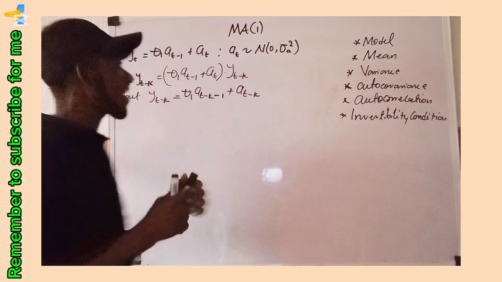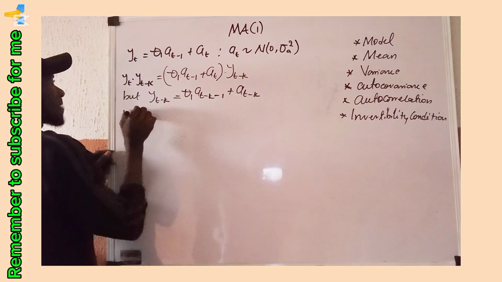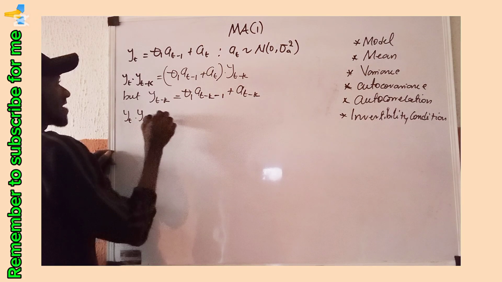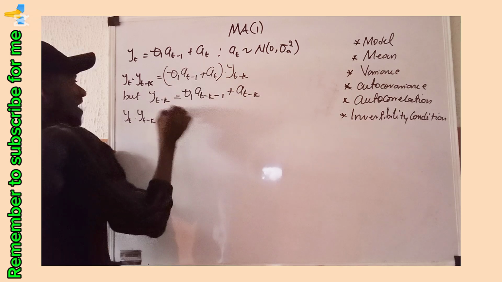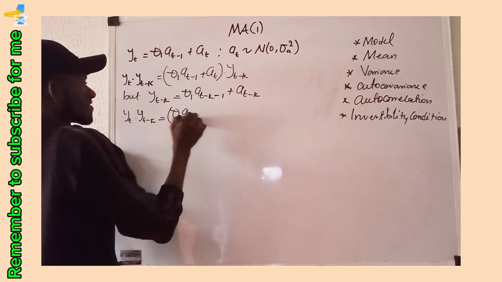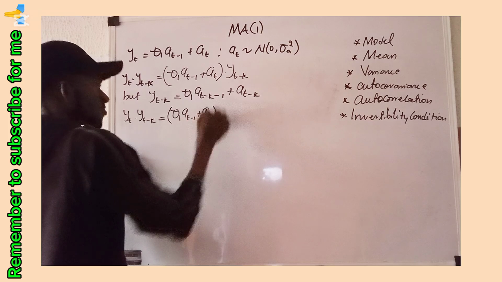Doing so, y of t multiplied by y of t minus k is given as: open a bracket, theta 1 a of t minus 1 plus a of t, close it.